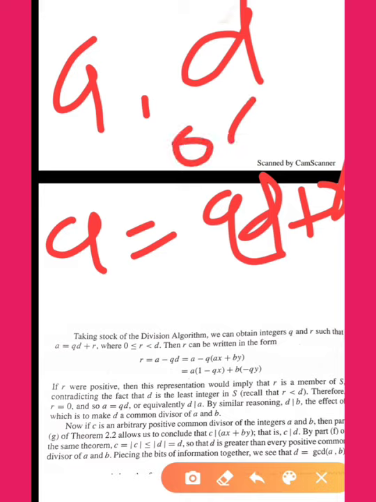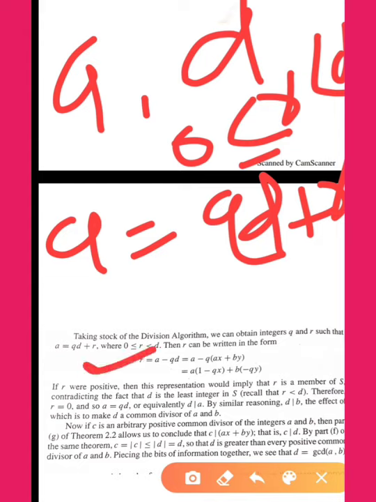There is a restriction on r: r is less than d. Now we write this r as a minus qd. Substituting the value of d here, ax plus by, we get this relation: a into (1 minus qx) plus b into (minus qy).